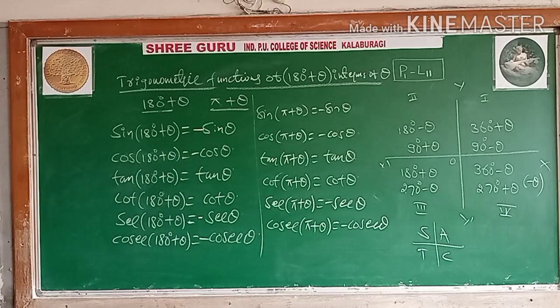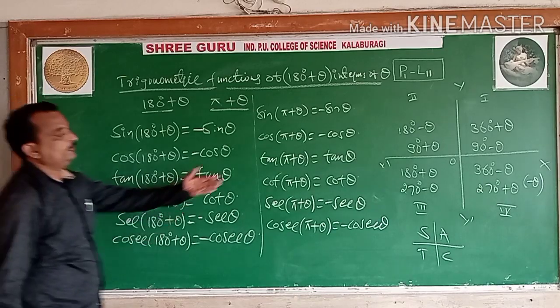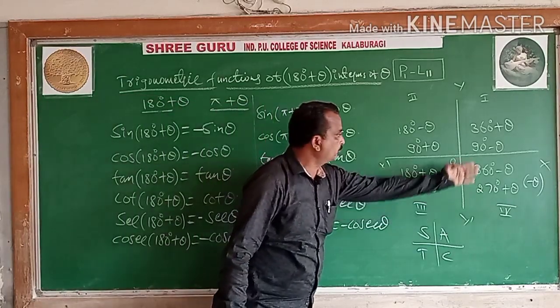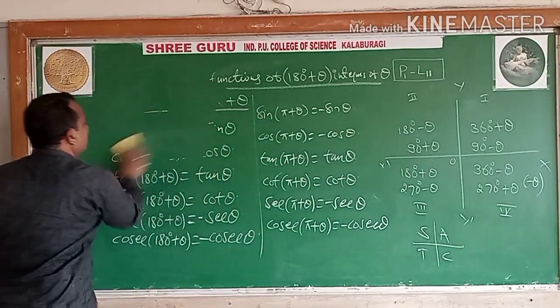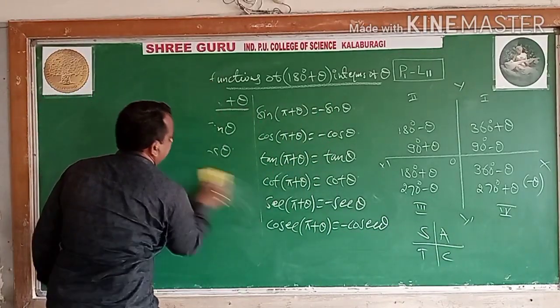Now the next angle is 270 minus theta. We should discuss all the functions here. You should know 270 minus theta.